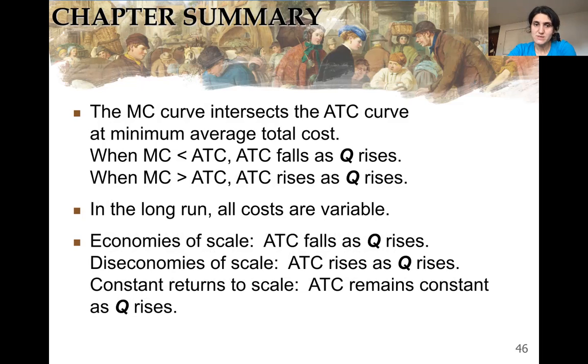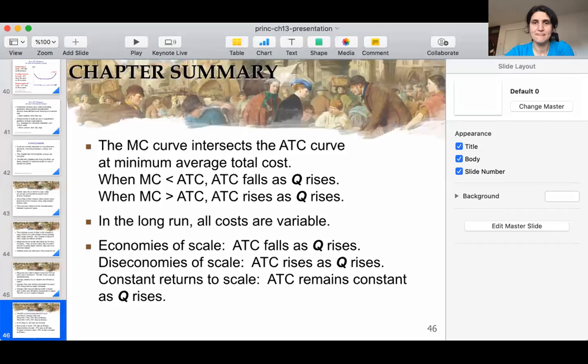What are economies of scale? ATC falls as Q rises, so this is economies of scale or increasing returns to scale. What are constant returns to scale? ATC remains constant as Q increases. And for diseconomies of scale or decreasing returns to scale, ATC rises as Q rises. Okay, thank you.